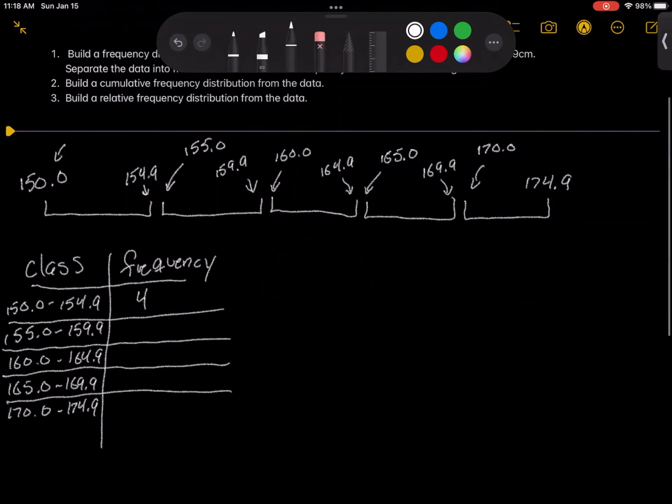We will have 2 values inside the second class. We have 5 values inside the third class. The fourth class contains 3 values, and the last class only contains 1 value.